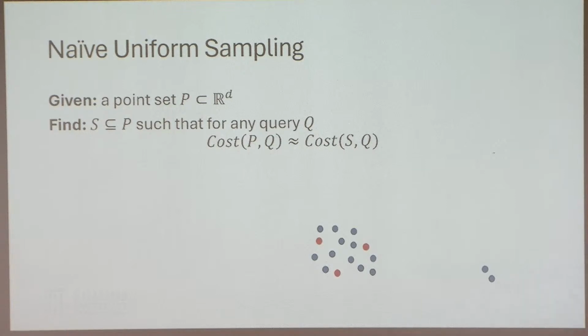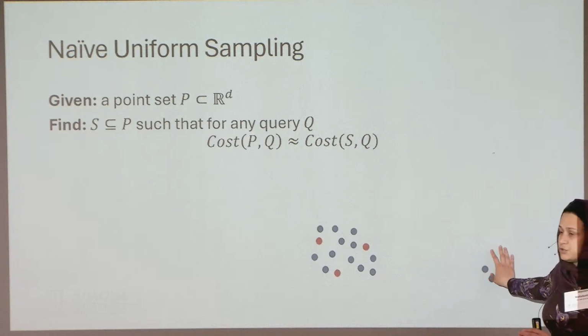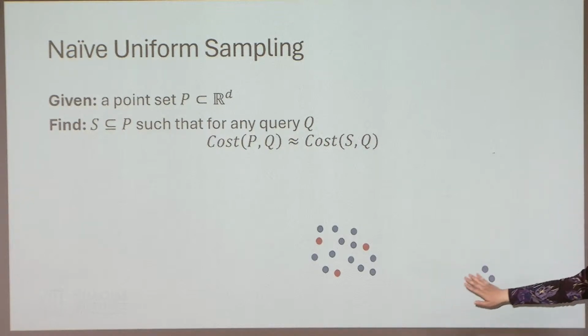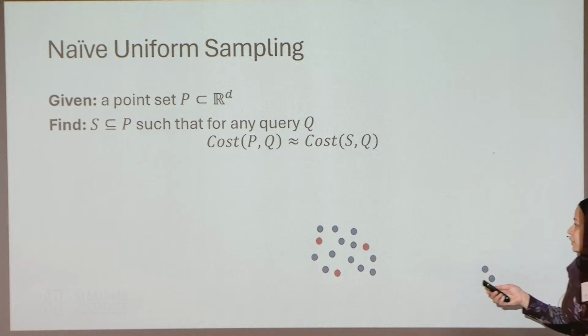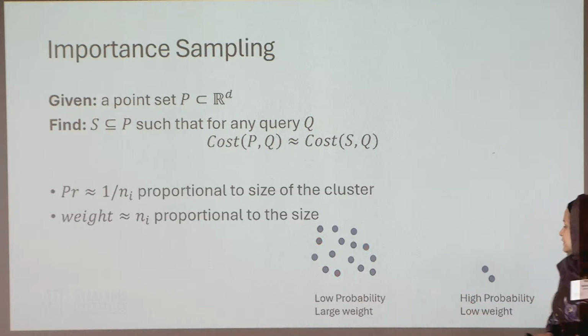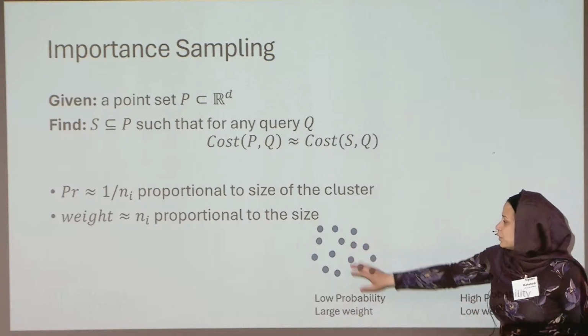The problem with this is that maybe there is some small part of the data that is very far from everyone else. So the cost or the value is actually coming from those points. If you do uniform sampling, you're going to miss these points. So what you would really like to do is sample these points with a higher probability and these ones with a lower probability.